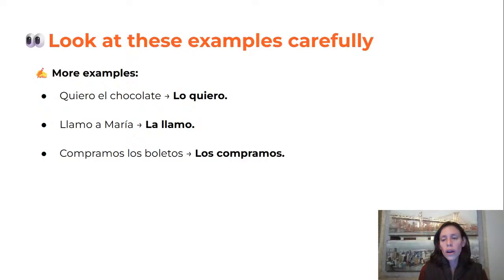Lo is replacing what? Can you guys tell me in the chat, what part of the sentence is replaced by the word lo? Did you spot it? What's the word?